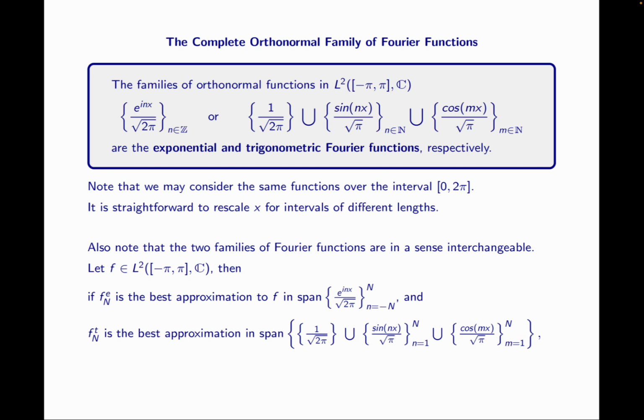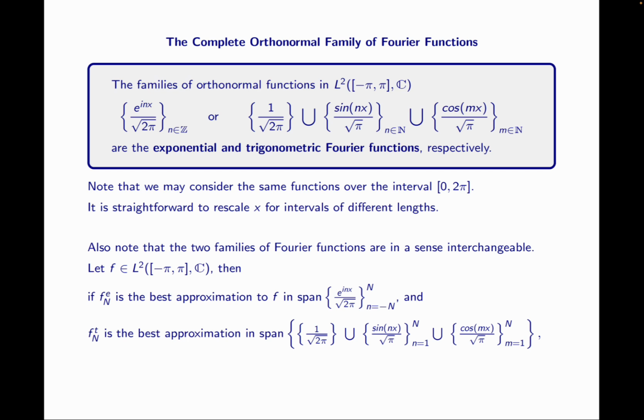Now, we should point out that if I could express f as a Fourier series, whether exponential or trigonometric, then truncating it at some N gives us the best approximation from the span of that truncated family. That's a direct consequence of the best mean approximation theorem, which we discussed previously.